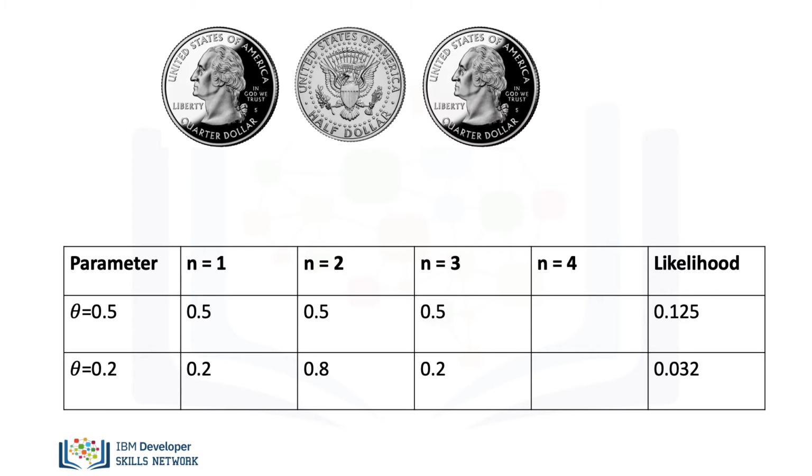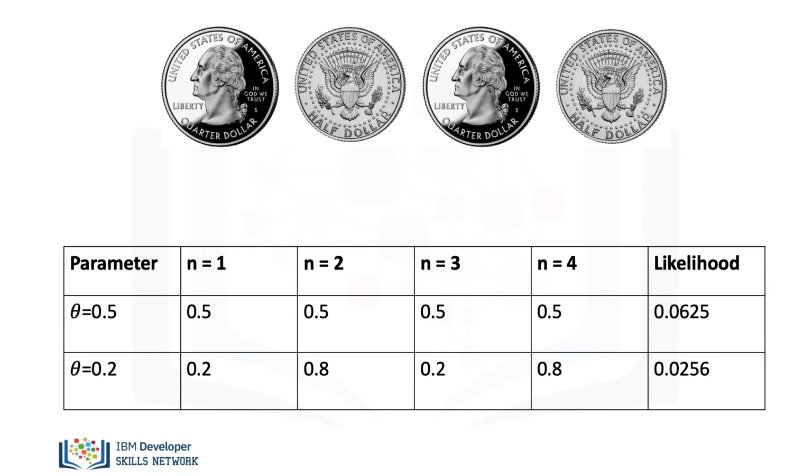For the third flip, we observe a head again. The likelihood value for the parameter theta equals 0.5 is 0.125, and the value for the parameter 0.2 is 0.032. Finally, for the fourth flip, we observe a tail. Thus, for the following sequence, the likelihood values for the 2 parameters equal 0.0625 and 0.0256 respectively.